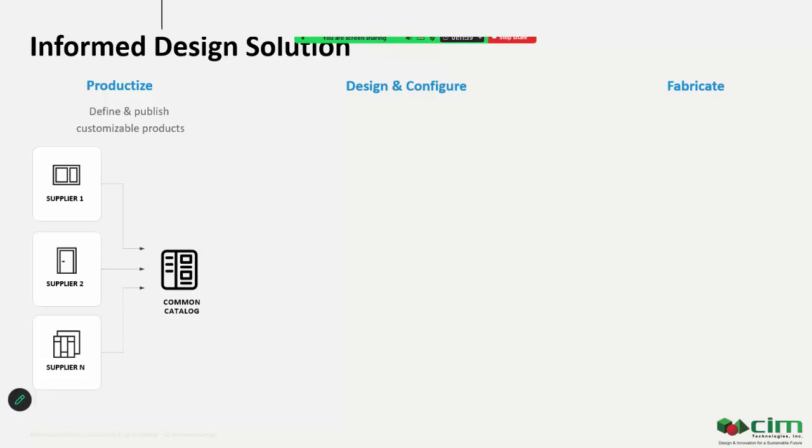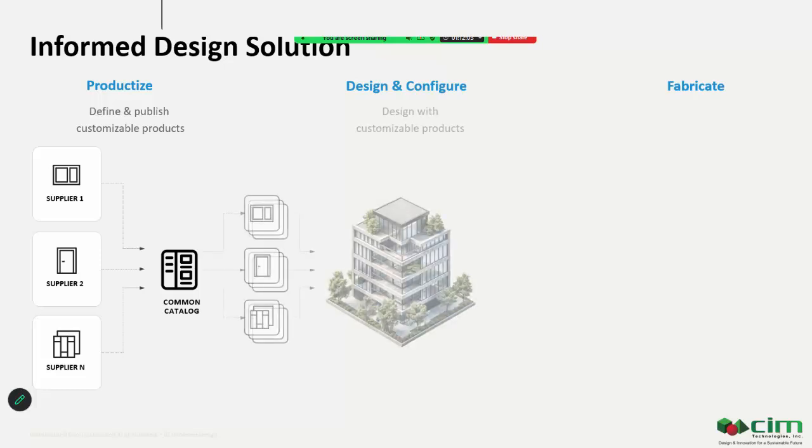Think of that Lego again. So you have a published common catalog on Autodesk Construction Cloud, in Forma. This may be defined by a single supplier or many suppliers. They publish these products, making them available for use in building design projects.